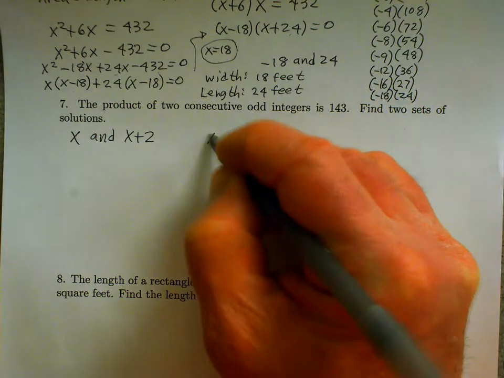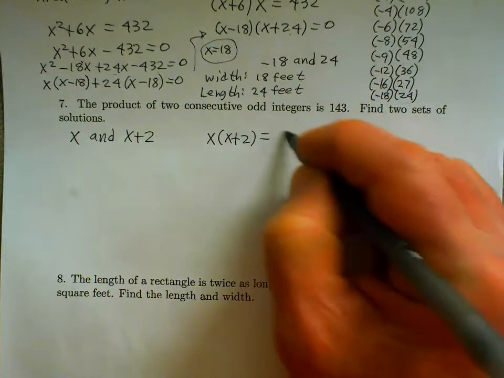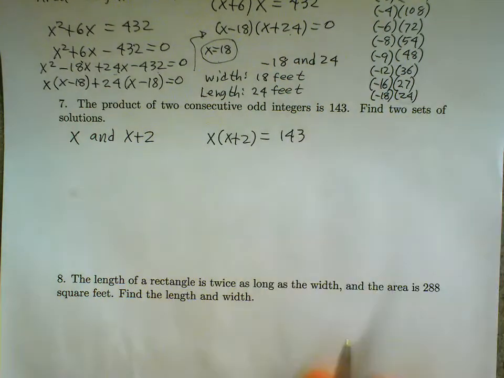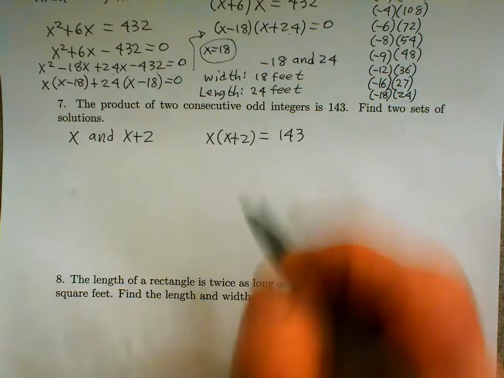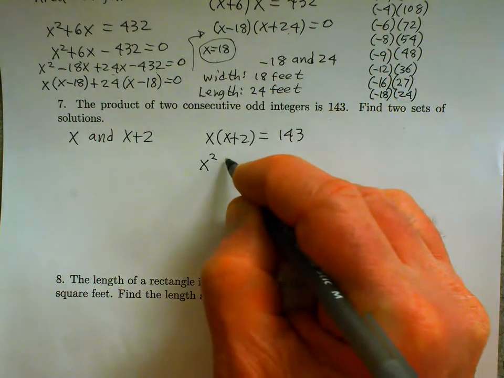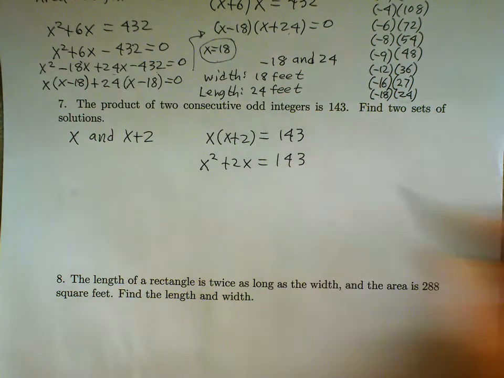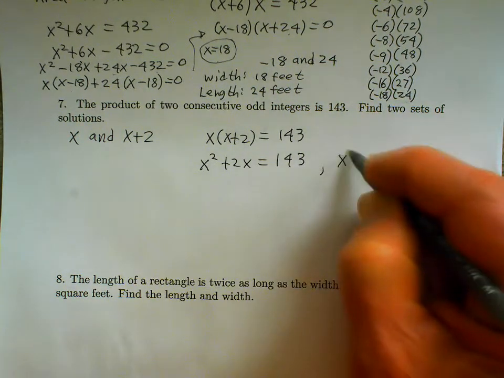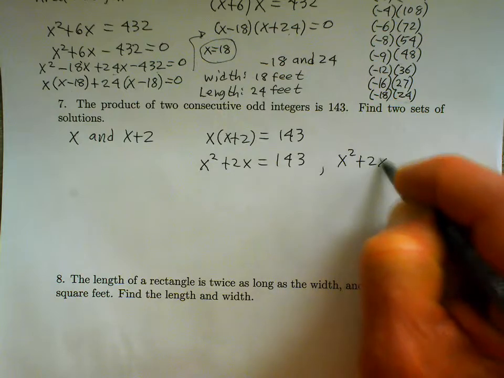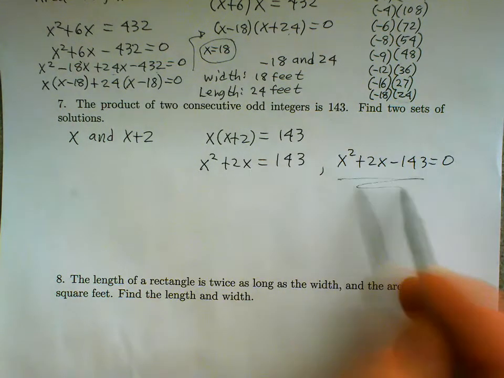So we multiply x times x plus 2 and get a product of 143. We'll take this a little bit further. Multiply the x times x plus 2 to get x squared plus 2x equals 143, and then subtract 143 from both sides, and then solve by factoring.